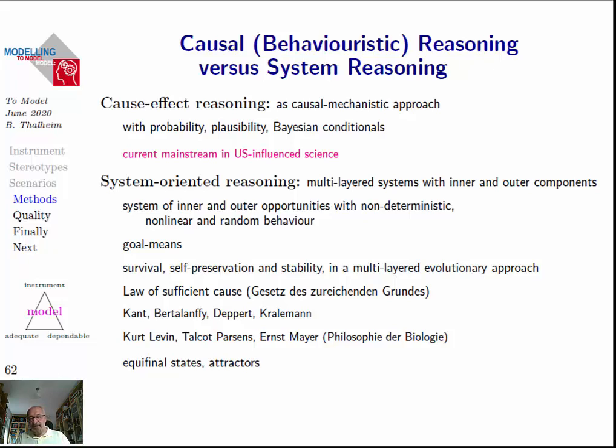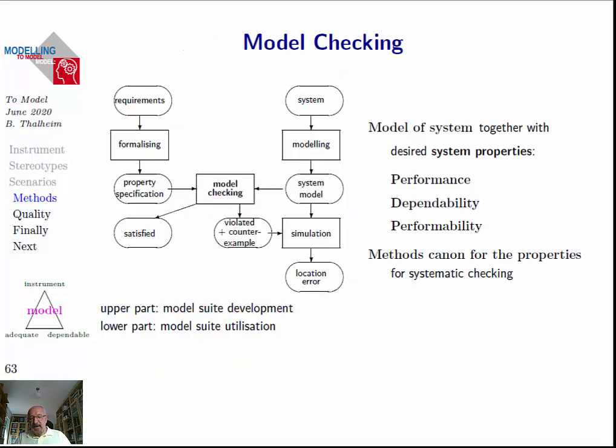A typical way how we apply our models for analyzing our systems is model checking. In this case you have an upper part that is the development of models for requirements.